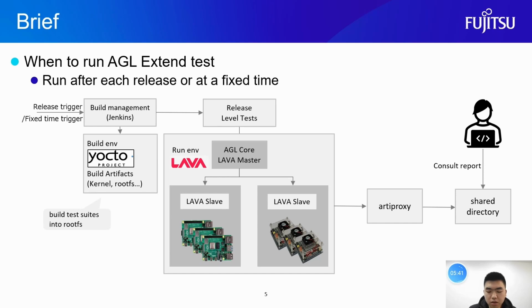And then, under the scheduling of Lava, the Lava slave under test will run the tests, and the test results will be uploaded to a shared directory through RT-proxy. After that, user can access the shared directory to consult their own test reports.